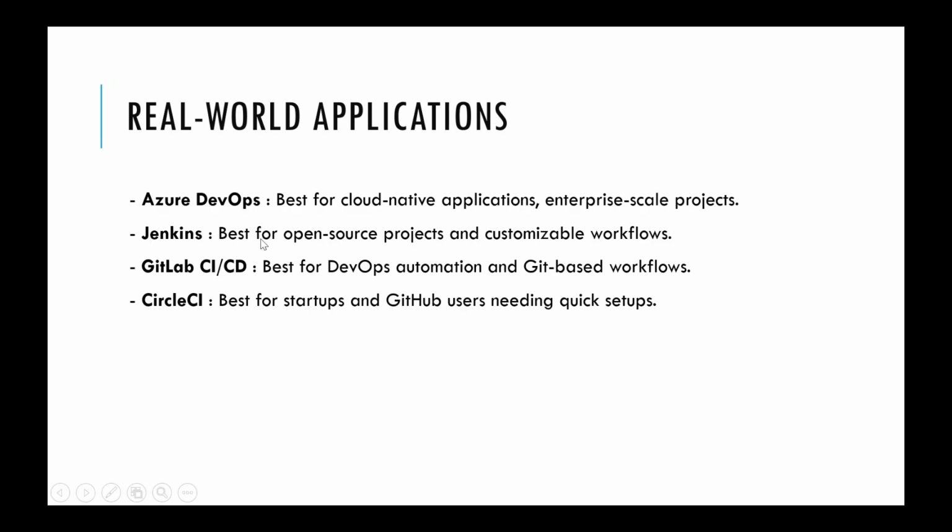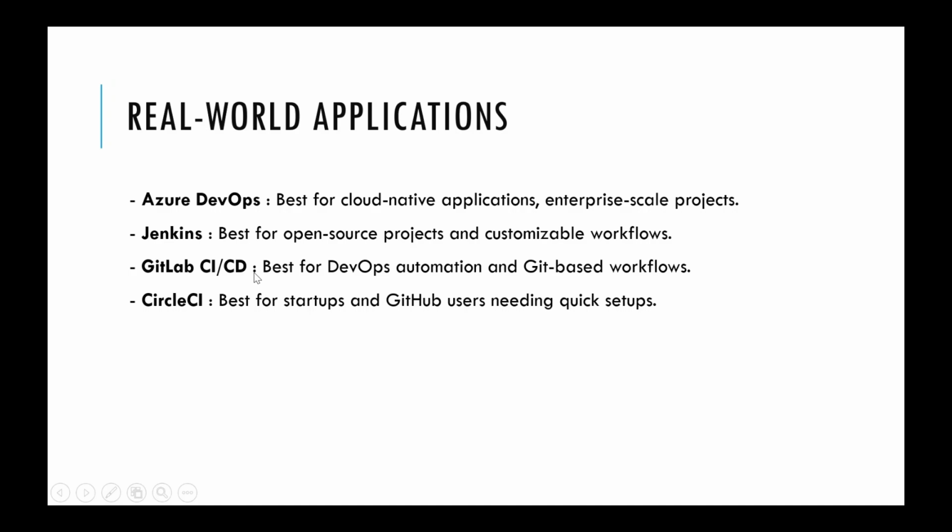Jenkins, this is best for open source projects and customizable workflows. If you have open source projects or small projects, you can go for Jenkins as well. GitLab CI/CD, best for DevOps automation and Git-based workflows. So if you have this kind of requirement, you can select GitLab CI/CD.